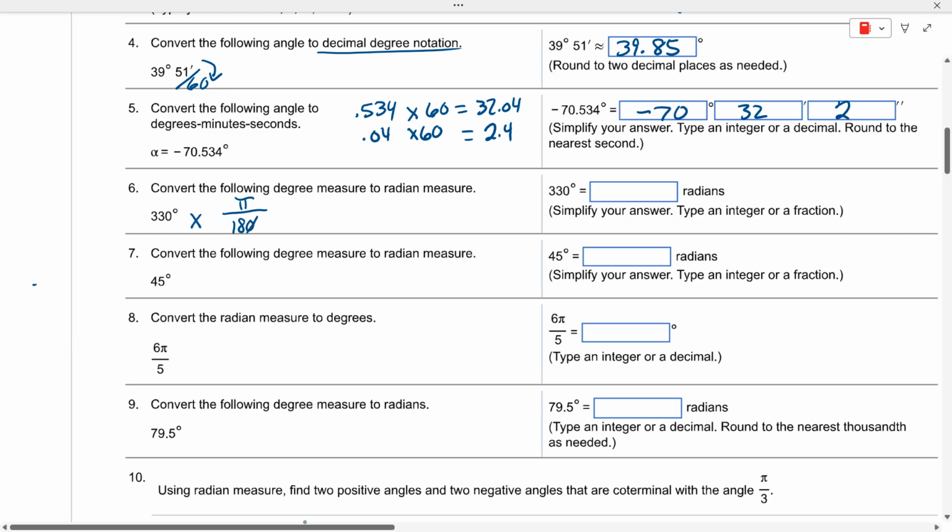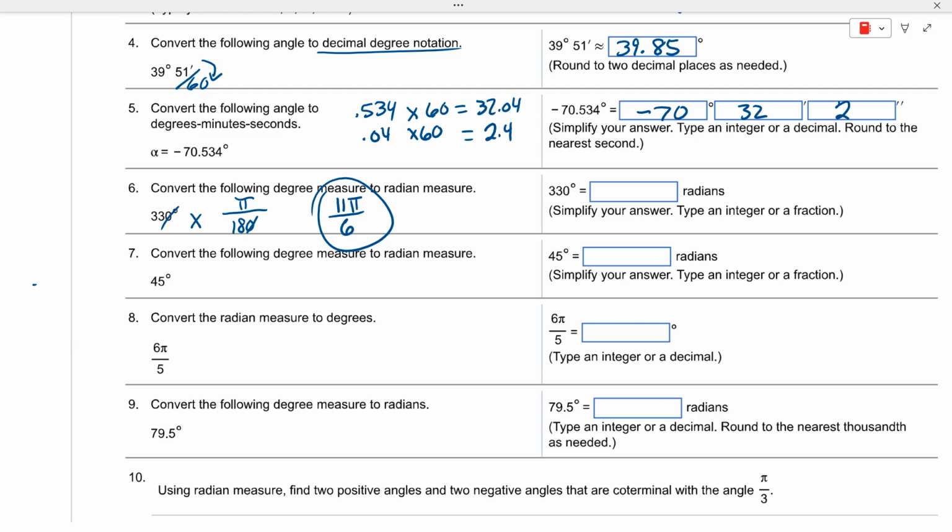So if we divide that, I divide them both by 10. It's 33 over 18. 3 goes into each. So it's going to be 11 pi over 6. 11 pi over 6. Okay. We good with that?